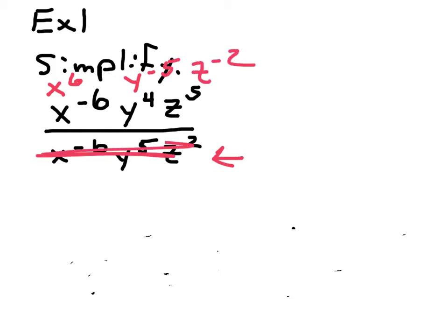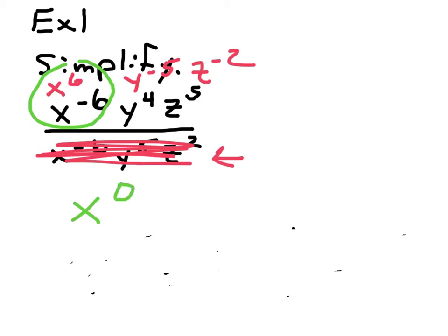And now I no longer have those in the bottom. So now, let's multiply our powers, because I have x to the 6 times x to the negative 6. 6 plus a negative 6 is x to the 0. Multiply my y's. What's y to the 4th times y to the negative 5? Add the exponents. That's y to the negative 1.